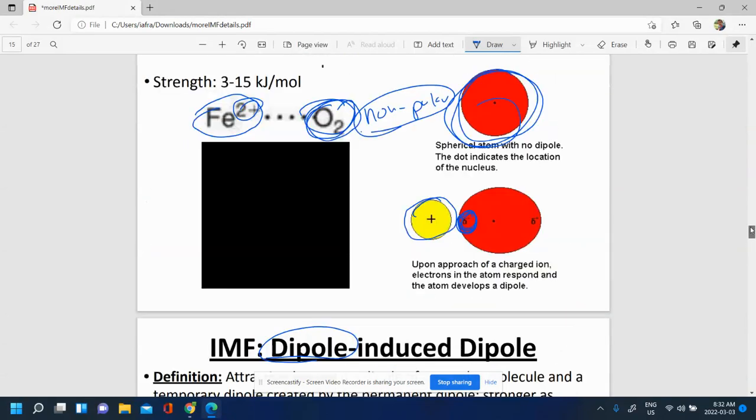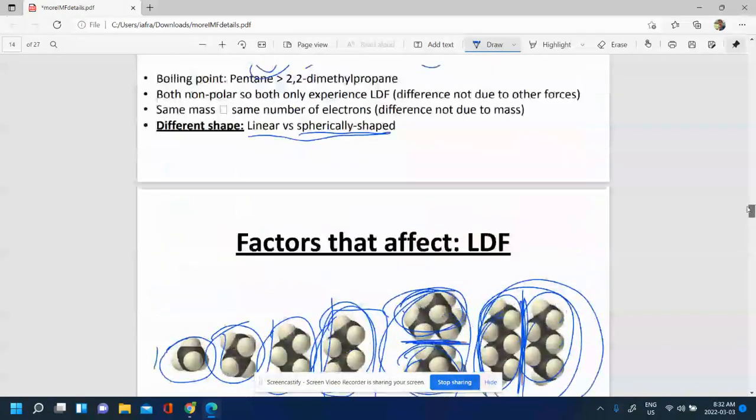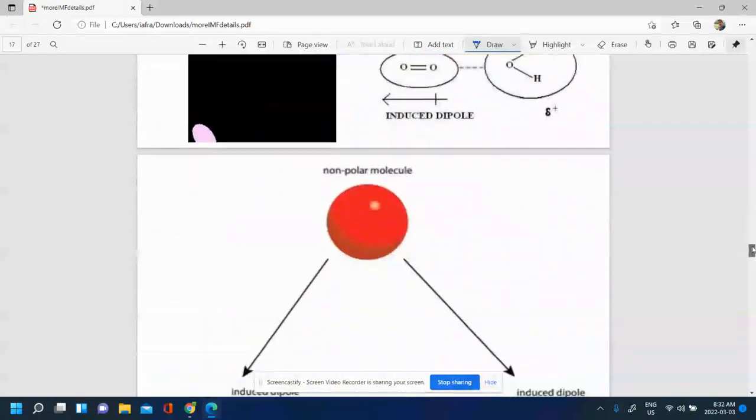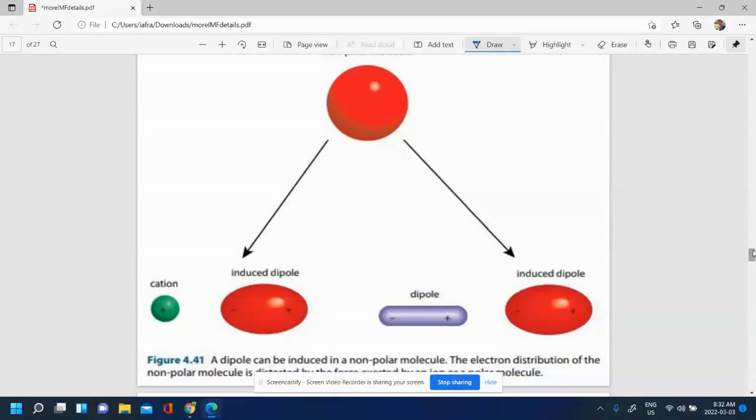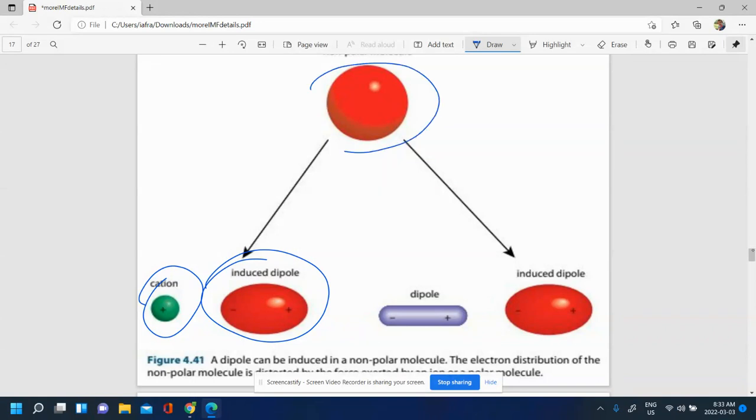But again, we don't focus too much on these. We focus mostly on the ones that we mentioned above in grade 12 anyways. But again, here you can see the ion-induced dipole. This is our regular atom or substance. It's non-polar, no partial charges other than the temporary instantaneous ones that might develop. A cation comes by and causes electrons to spend a bit more time here next to it. So there's an attraction there. That's an ion-induced dipole.